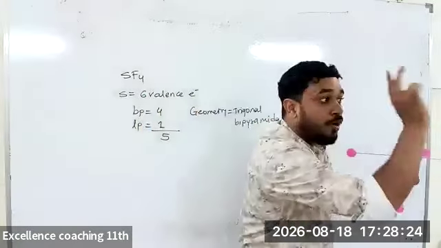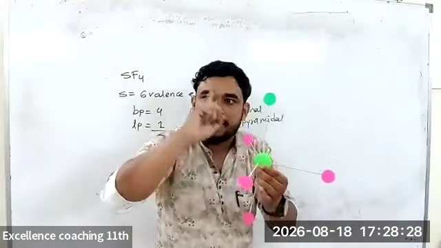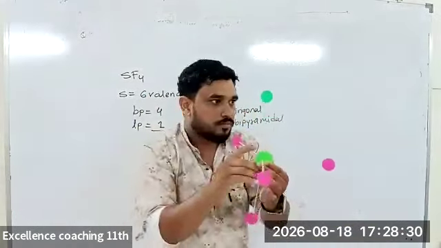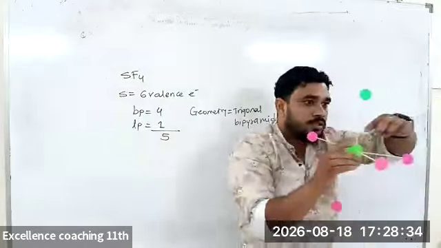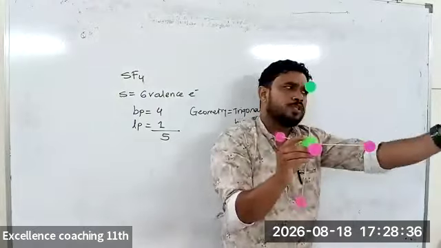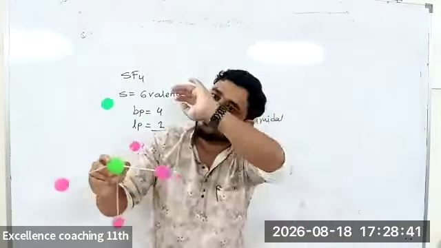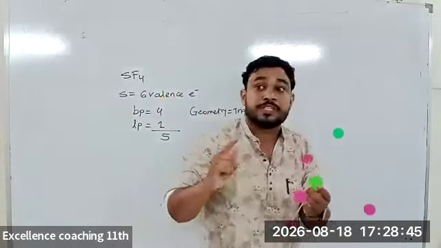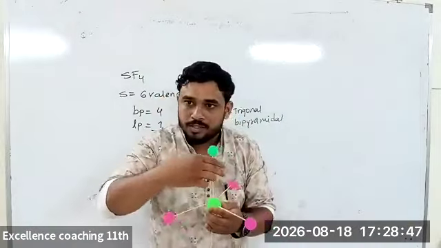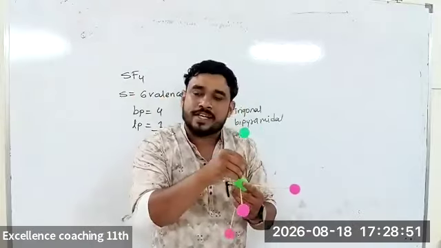How many lone pair-bond pair repulsions at 90 degrees will I get? 1, 2, and 3. We have to focus only on 90 degrees and ignore more than 90. Only imagine 90 degrees. That is one possibility. What is the second possibility?